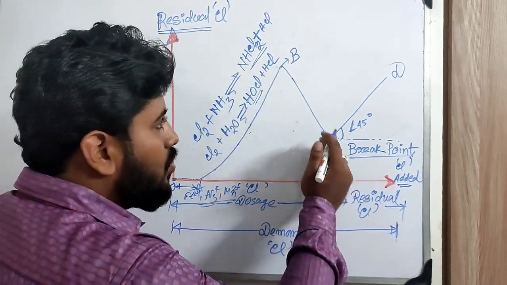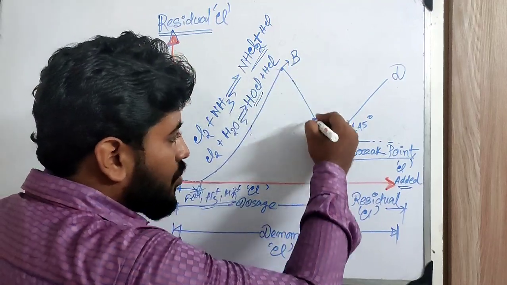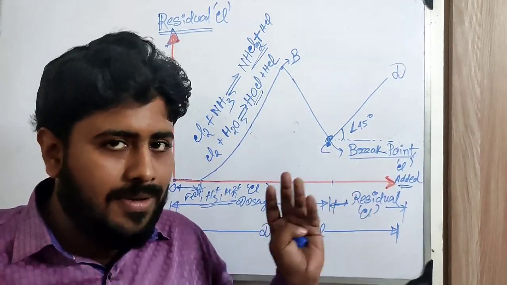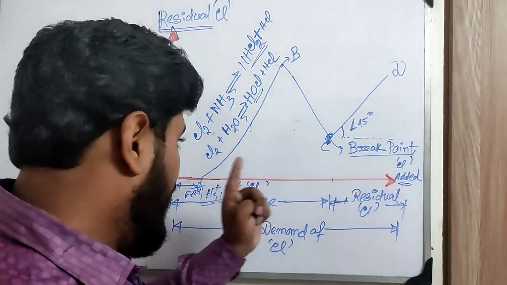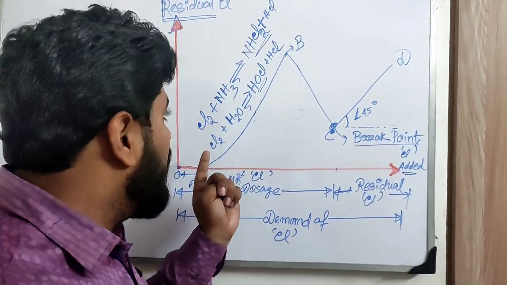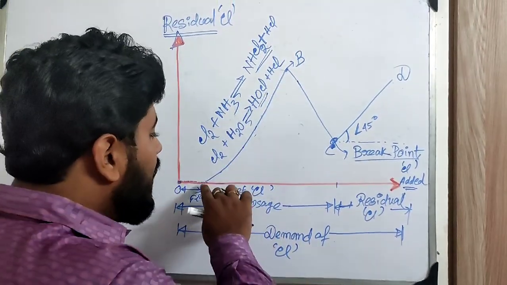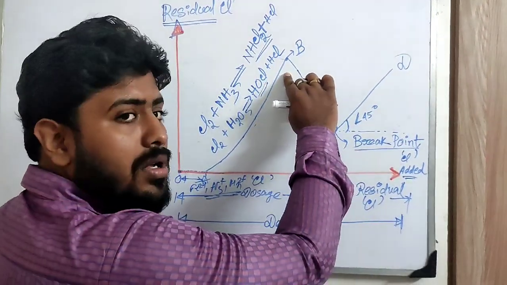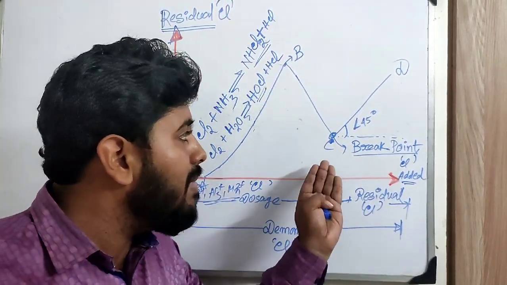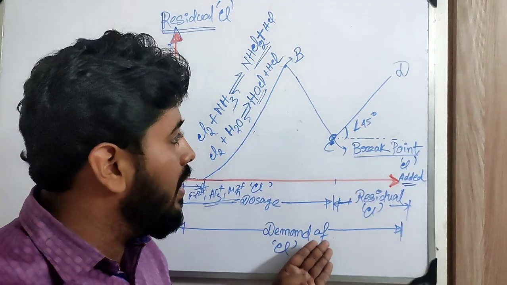And in the BC zone, what happened? Destruction of microorganisms or destruction of chloroorganics is happening here. In this AB zone, the demand is so high. As the demand is so high, that is the reason the graph is increasing. And in the BC zone, you can see that the graph is decreasing. Why is the graph decreasing?